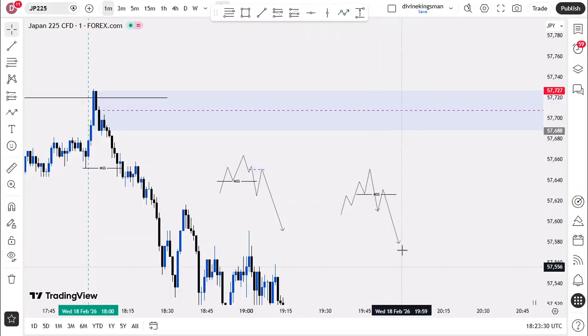So when there's this massive move whereby price did not create any other block before, I'll look for my entry on the breaker block.